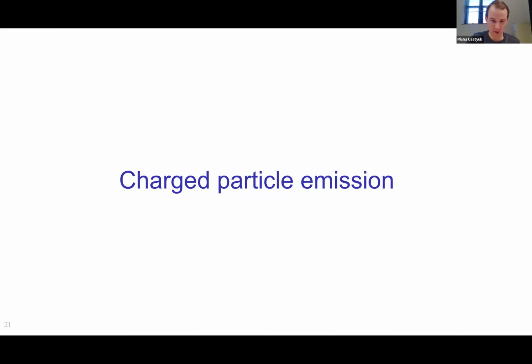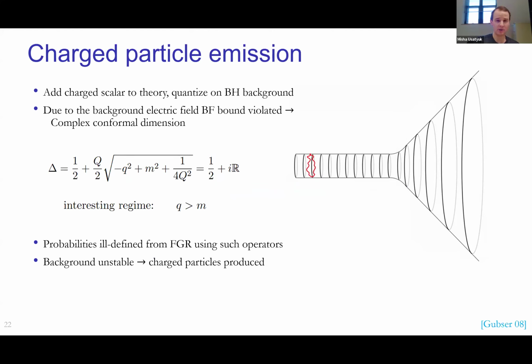So what do we want to do? We want to add a charged scalar field to the theory, say the electron, and we want to quantize it on the black hole background. Now, in the near AdS2 region, the scaling dimension of the electron becomes complex because the BF bound is violated from the presence of this electric field.